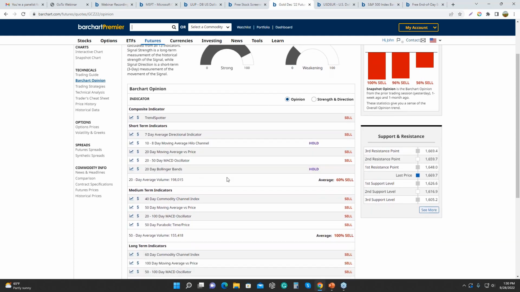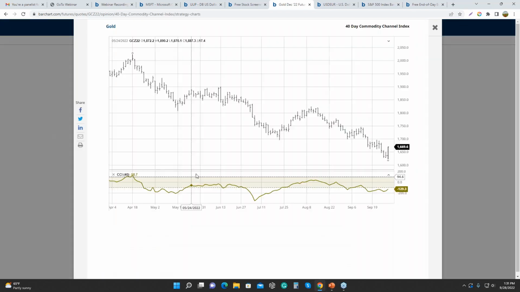Now, some of the ones that I kind of like to look at are the 40-day commodity channel index. It's a little bit of a blend of both short-term and long-term, but here you can see that we are trending outside of our channel as our market is trading down, and now we're kind of turning back up as price comes back in.